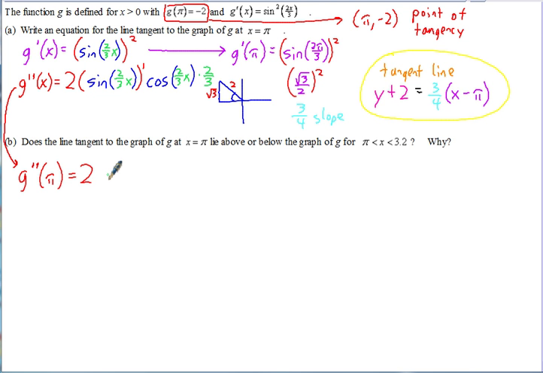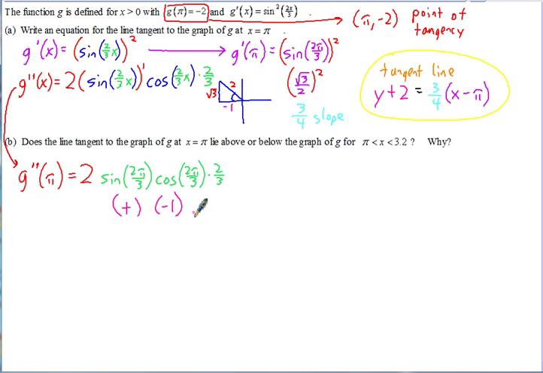So it'd be 2 times the sine of 2 pi over 3 times the cosine of 2 pi over 3 times 2/3. The sine of 2 pi over 3, we already figured out it's radical 3 over 2, it's positive, times the cosine of 2 pi over 3, this would be -1/2, so that would be negative.